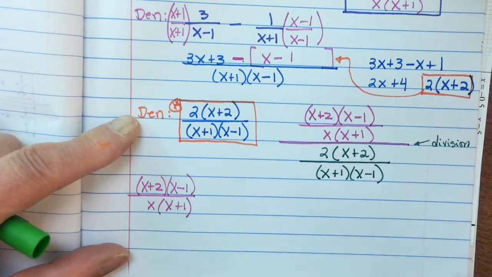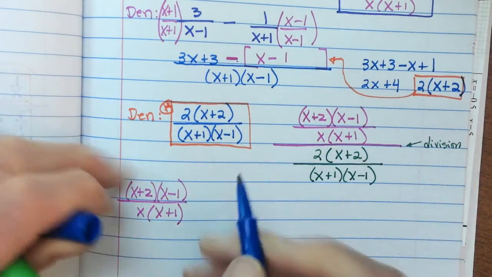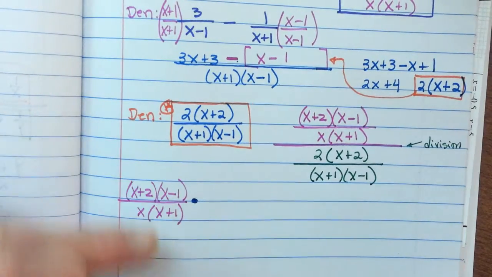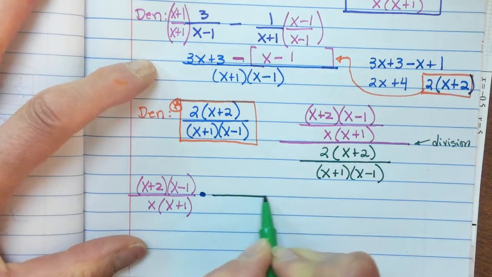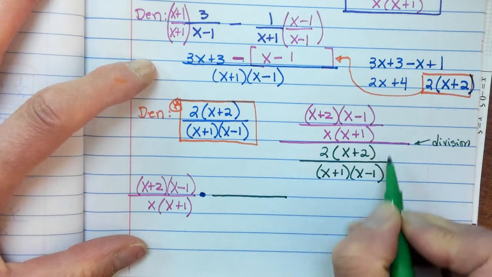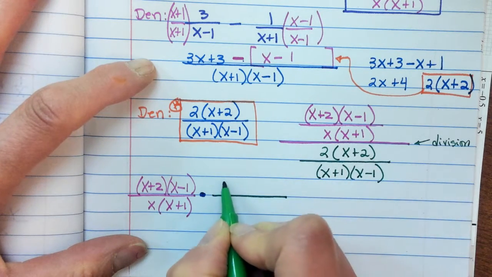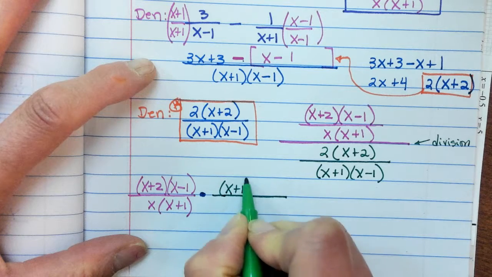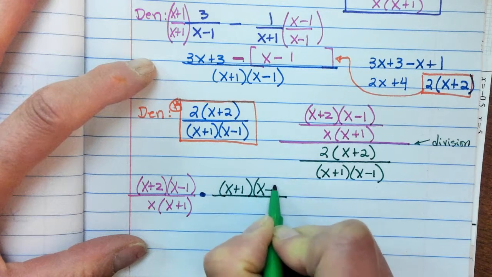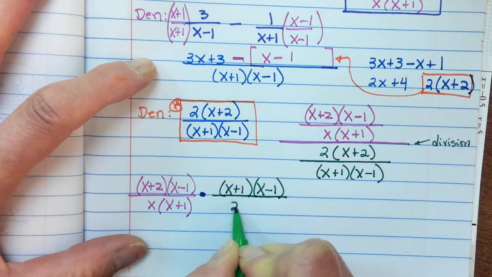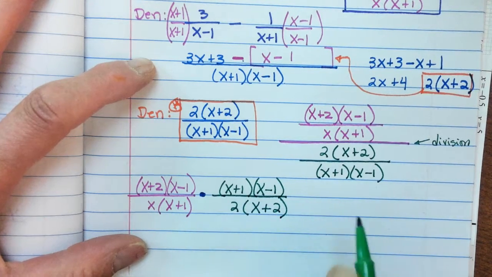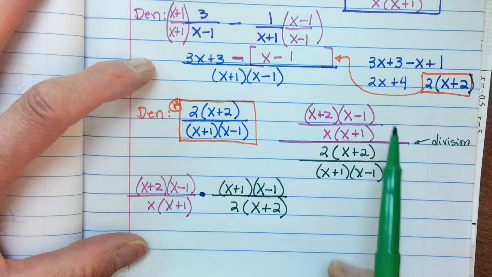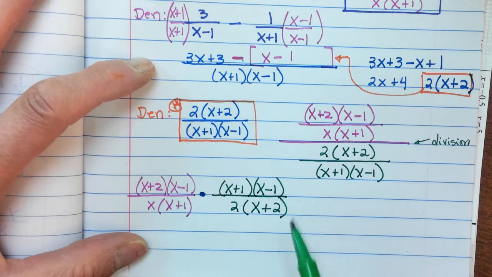I'm going to change this to be multiply, and then I'm going to rewrite this fraction. I'm going to flip it. So this is x plus 1, x minus 1, and then 2x plus 2. I just skipped the step of writing this out as a division sign because it's written right here.